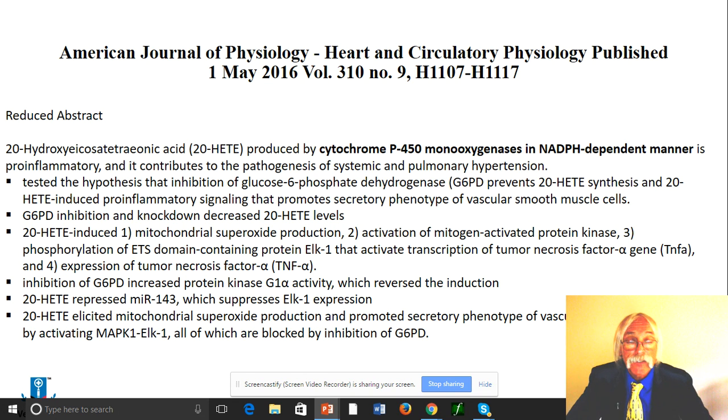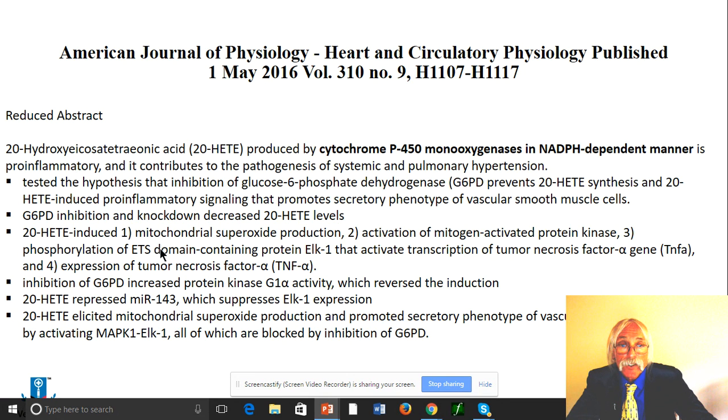No more NADPH, so you shouldn't get 20-HETE unless, of course, another pathway got engaged. But let's presume this is the main pathway here in these vascular smooth muscle cells, that you're going to get a decrease in the overall pro-inflammatory response. So the dehydrogenase inhibition and knockdown, they also did a knockdown experiment, decreased 20-HETE levels. Okay, so that's good. That's sort of a proof of concept there.